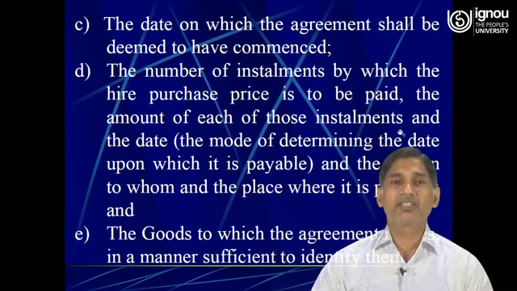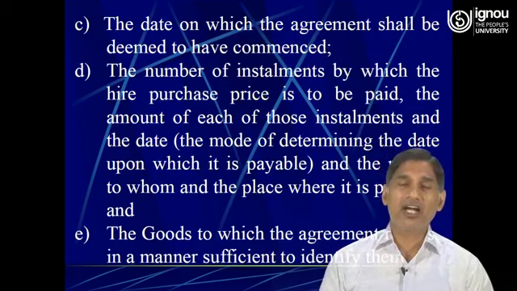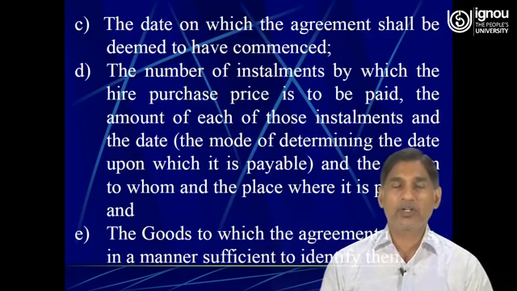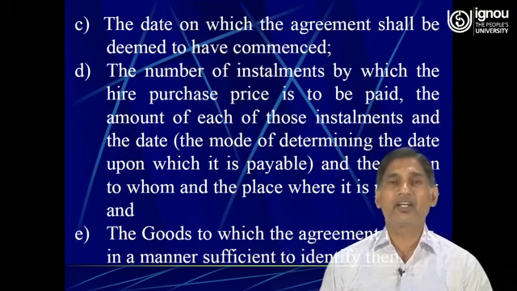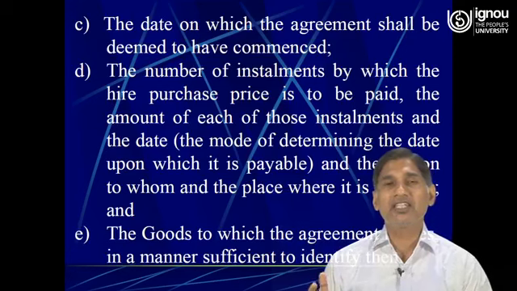Then the next one is the goods to which the agreement relates, in a manner sufficient to identify them. It means the article or the product or the goods which is going to be sold by the hire vendor and bought by the hire purchaser must be clearly stated.